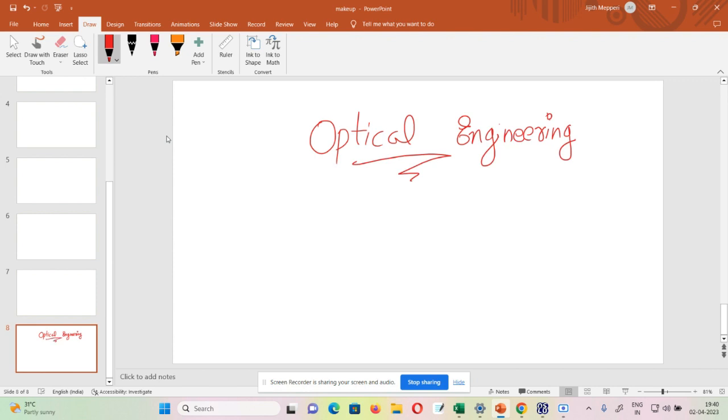Today we will discuss the image formation of the lens. We will deal with the theoretical aspects as well as see how we can use Oslo to see the image formation of the lens.